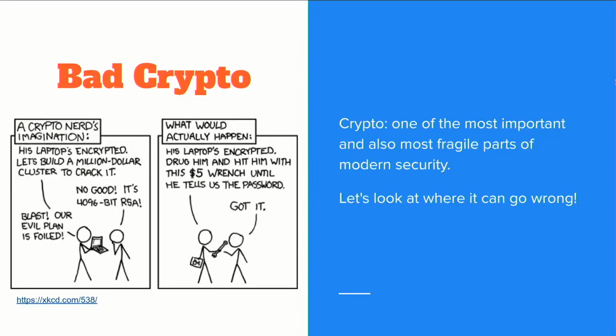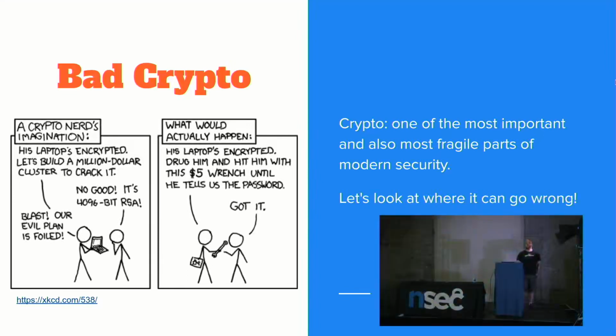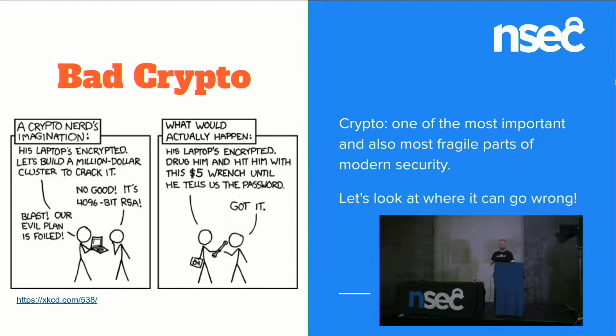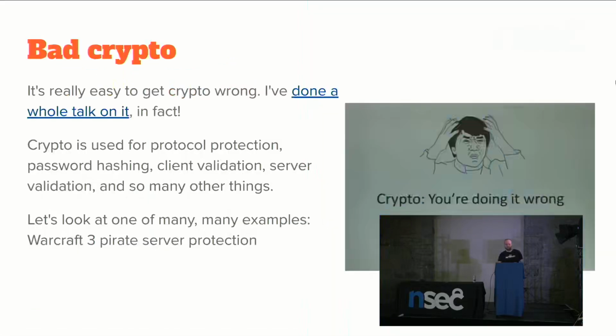The first thing we talk about in a more detailed way is bad crypto. So this famous XKCD, we need millions of dollars of hardware to crack this password or a $5 wrench. So we're going to talk about Battle.net again because that's what I like talking about. So it turns out cryptography, as I'm sure you guys know, is really, really, really hard to get right.